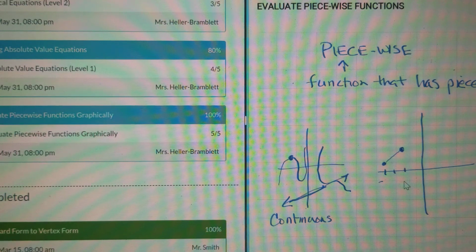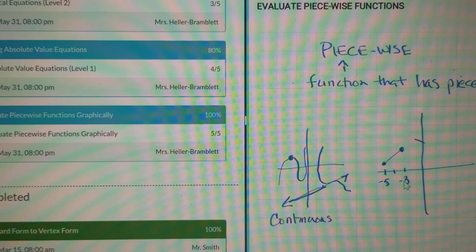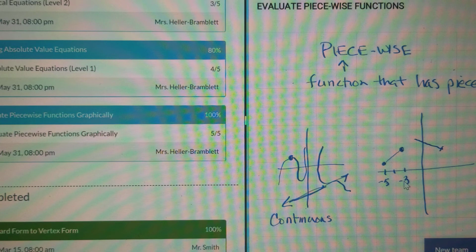Let's call this -5 and -3. So you have answers between -5 and -3, but you don't have answers anywhere else on here. However, the same function could stop at -3 and start again and go the opposite direction right here. And let's just say it could start again at -1 and go all the way out here to 3.